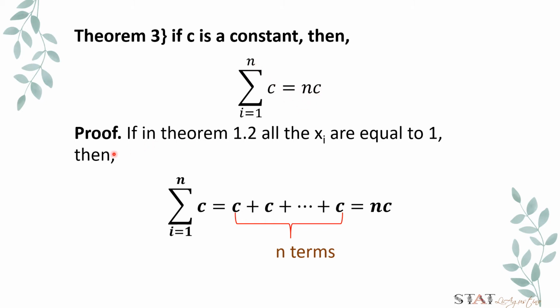Let's prove it. If in the theorem all the xi are equal to 1, for example, then the summation of c, where i ranges from 1 to n, is c plus c plus c plus c until the nth term, and it is equal to n times c.